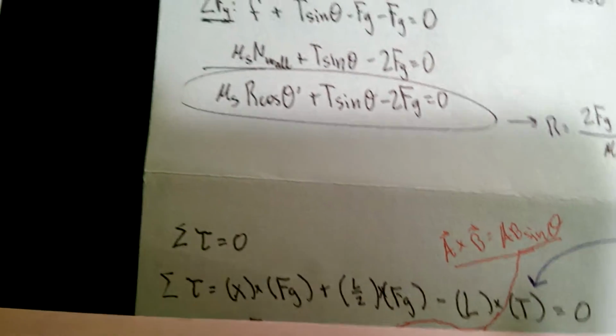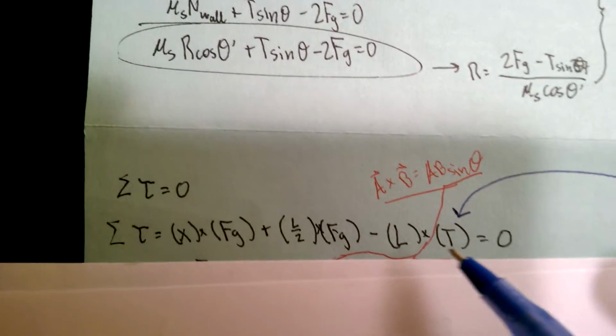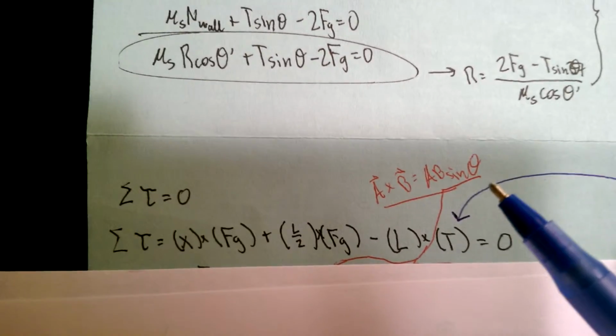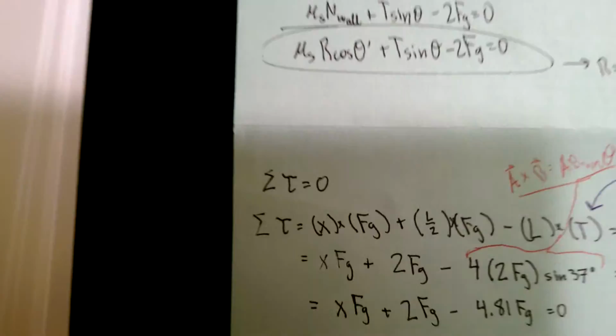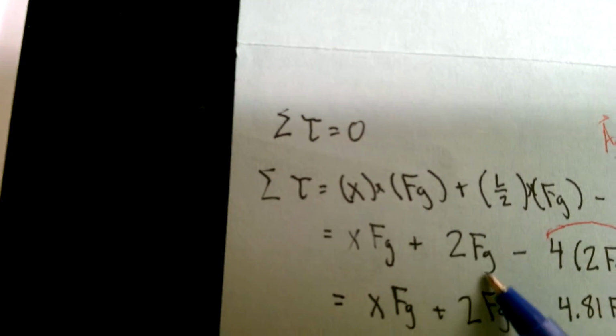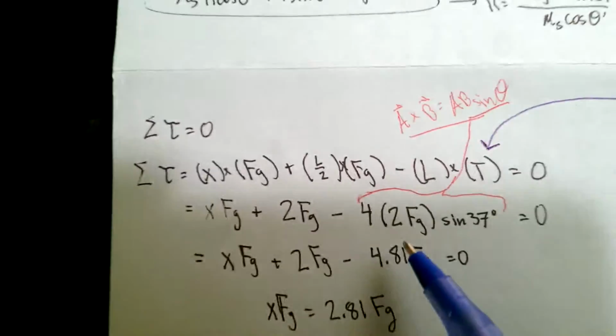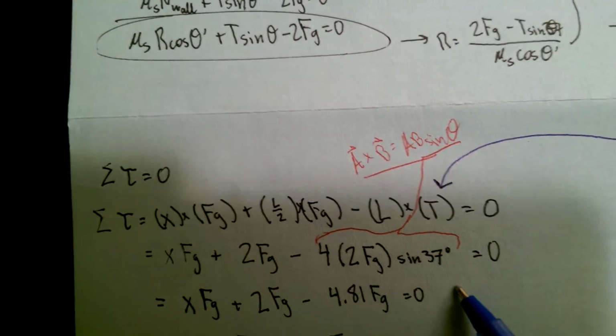And then for vectors, you take the magnitudes of the two vectors and multiply by the sine of the angle between them. So the angle between them is what they give you in the problem, which is 37 degrees. So that's what you would plug in right here. And so you should end up with x times Fg plus 2Fg minus 4 times 2Fg sine 37. And this 2Fg came from the tension that we solved for earlier.